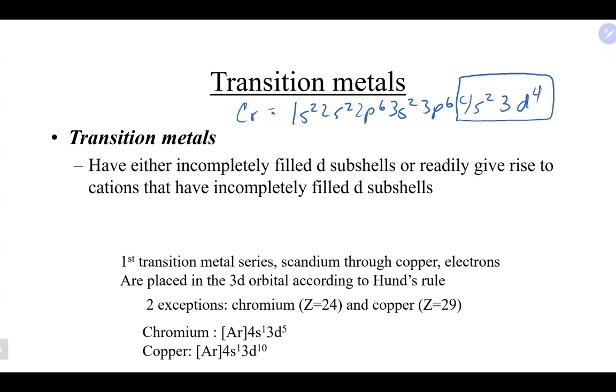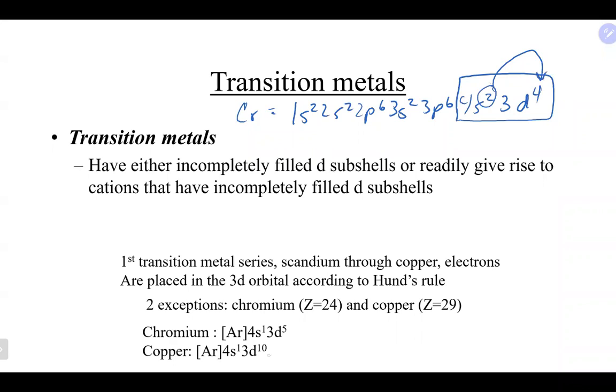Chromium, along with copper, has been found experimentally to be more stable with an extra electron in the d orbital and one less electron in the s orbital. So basically, one of these electrons comes up into the d orbital.